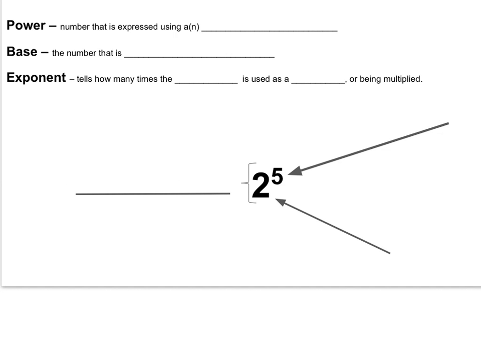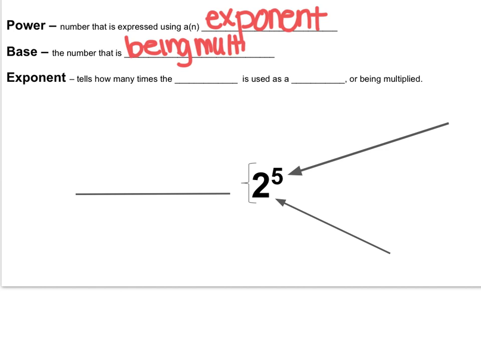A power is a number that is expressed using an exponent. And a base is the number that is being multiplied or raised by an exponent.